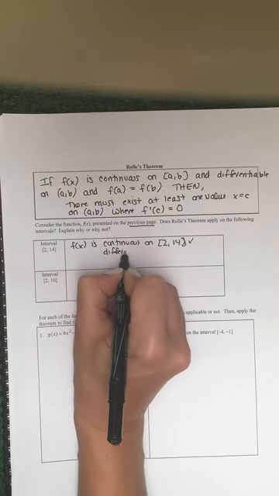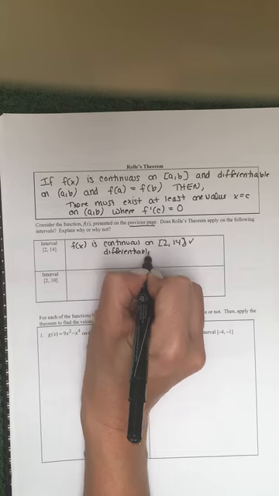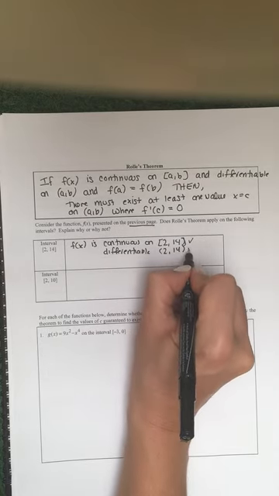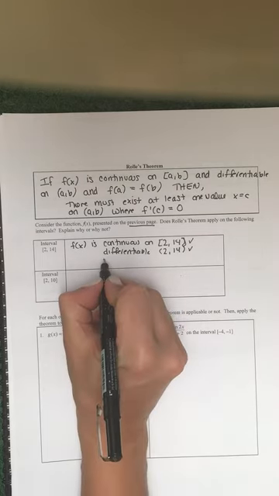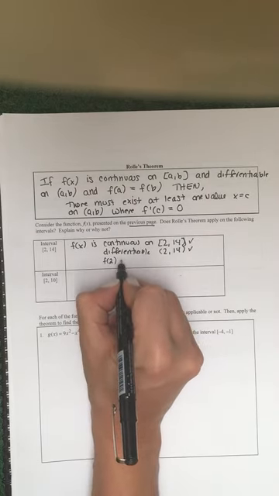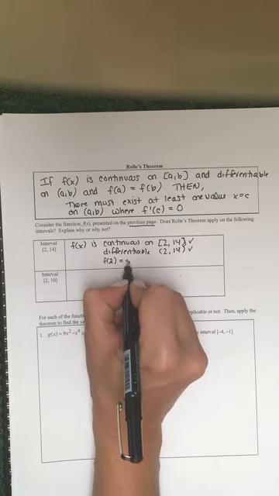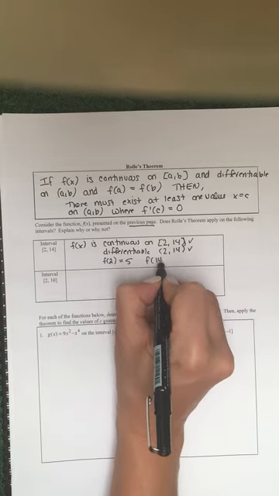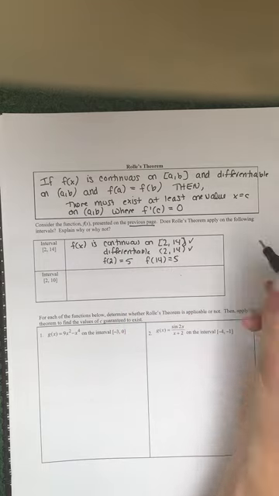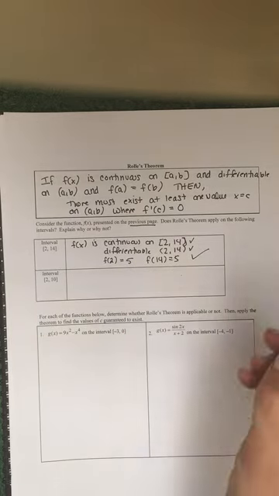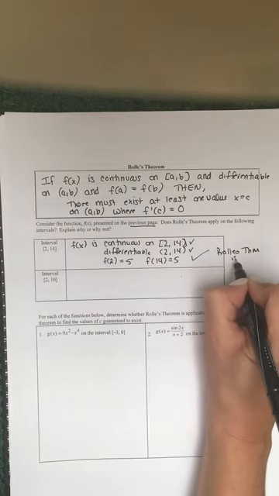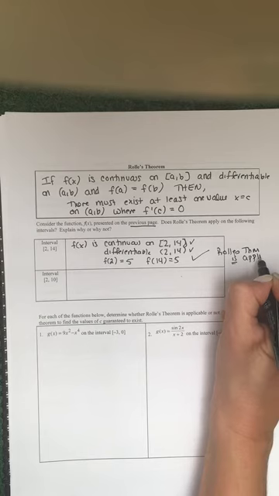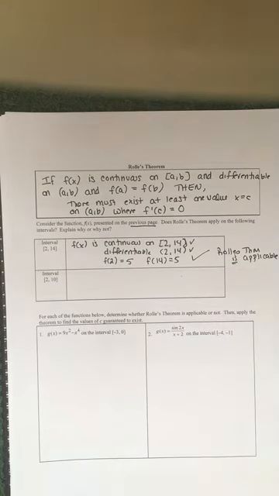It's differentiable on that same interval, so that's good. And f of 2 is equal to 5, and f of 14 is equal to 5. So since all three conditions are met, Rolle's theorem is applicable. We're just testing the conditions here to make sure that we understand how the theorem would work.